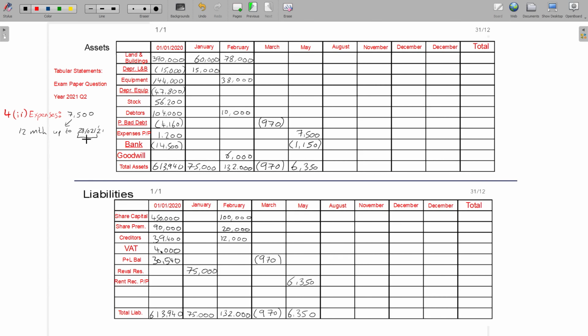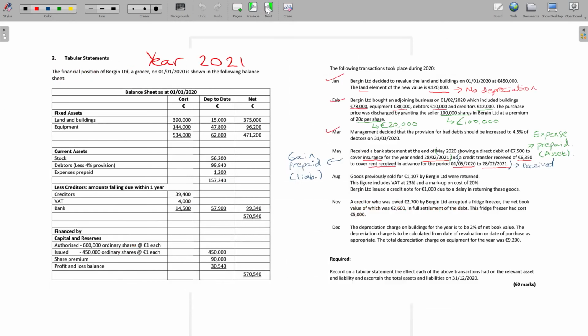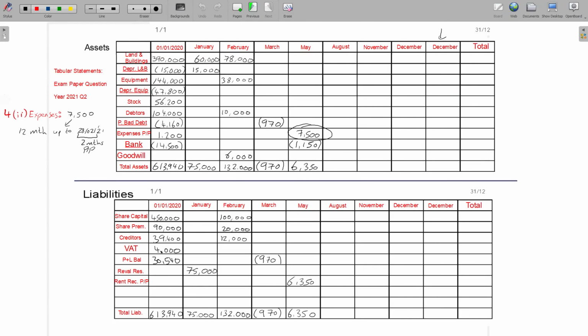That means you have 2 months that are prepaid at the very end of December. So what we're essentially saying is, going into next year, the amount associated with this 7,500. We're going to be focusing mainly on that 7,500.